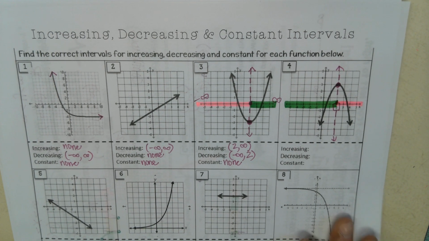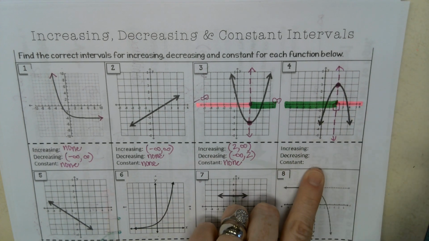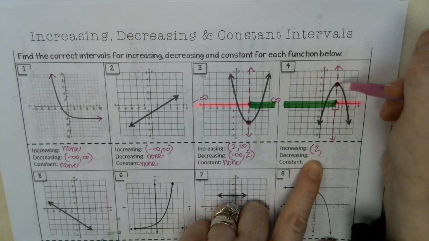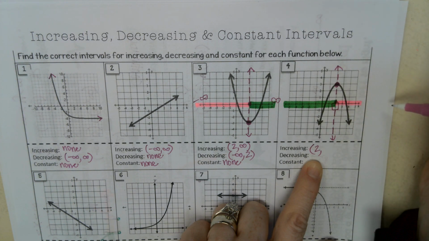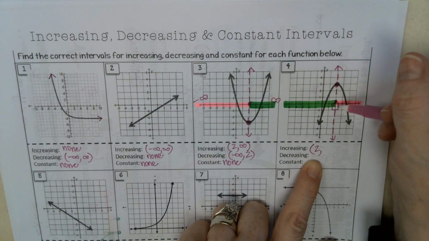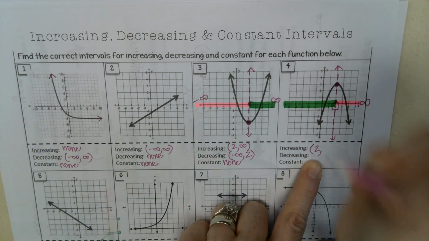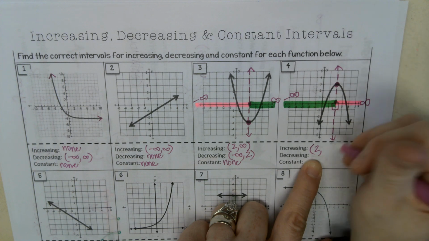Okay. Super common mistake. Don't do this, okay? People often want to say that it is increasing from 2 to negative infinity. As I move to the right, am I going to negative infinity, my x values? It's going to positive infinity. Negative infinity to positive infinity, okay?